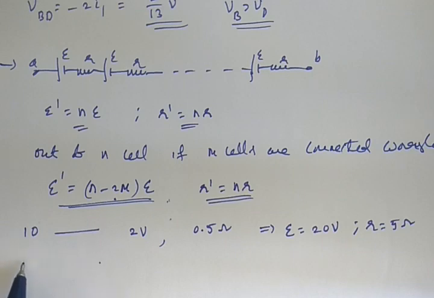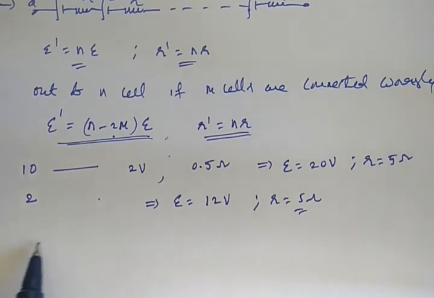Out of 10 cells, if you reverse the polarity of 2 cells, then the effect of 4 cells will be 0 now, because these 2 cells will cancel 2 more cells that are connected in the circuit. Then the remaining batteries will be only 6, then 6 into 2, that is 12 volt, and internal resistance will be the same.